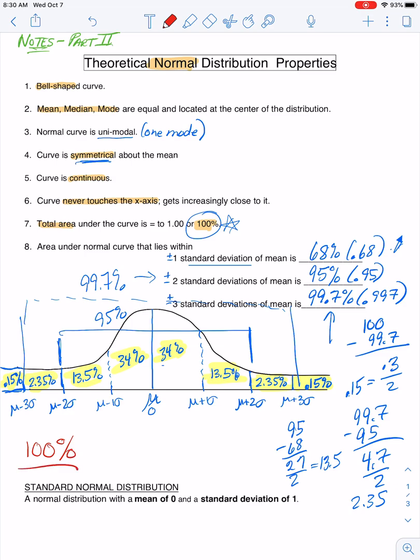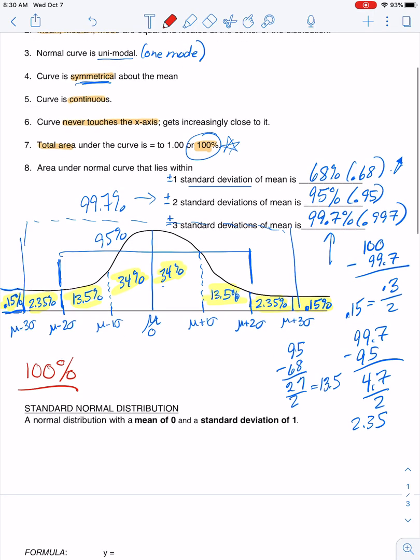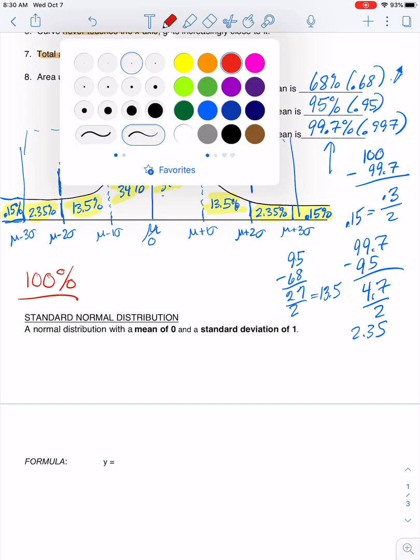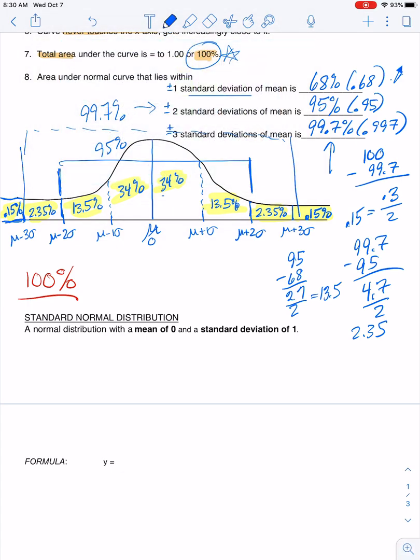And I could certainly draw this same picture using decimals instead of percents. I just thought for this first example, we ought to take a look at it as percentages. And then the last thought I want to leave you with today: next steps will be to convert our data into what we call standard scores. The word standard is going to mean that our normal distribution will have a mean of 0 and a standard deviation of 1.